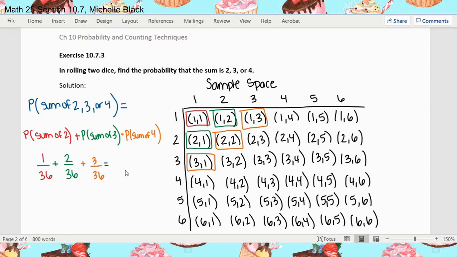In total, the probability that I get a sum of 2, 3, or 4 is 1 plus 2 plus 3, which is 6 out of my 36 outcomes, which simplifies down to 1/6. So there's a 1 out of 6 chance that the sum on the 2 dice will be 2, 3, or 4.